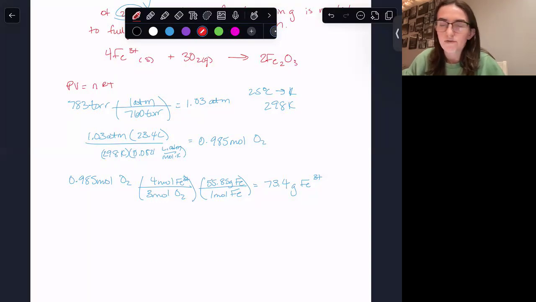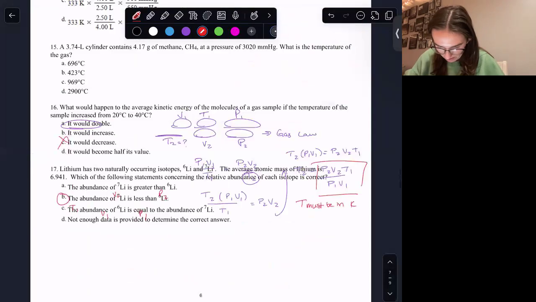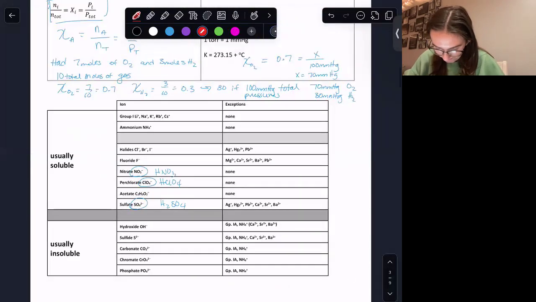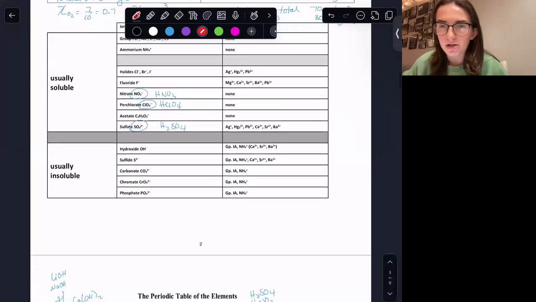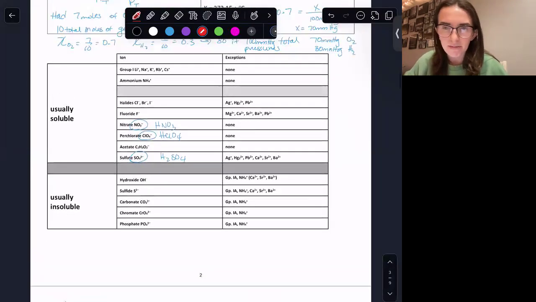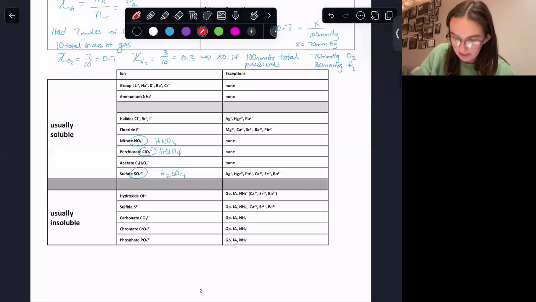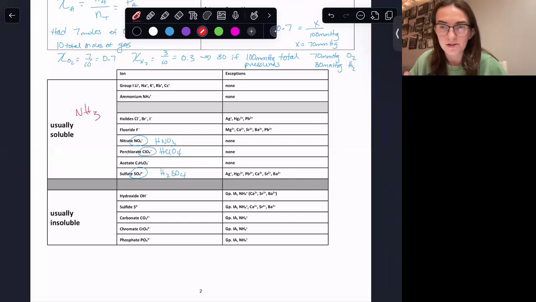So if you don't know them, raise your hand and we can try and help you out during the exam. But I think like if you look at your solubility chart, sometimes that pops up. So like ammonium is NH4 plus, so that means ammonia is NH3. So there's a little bit of stuff there.